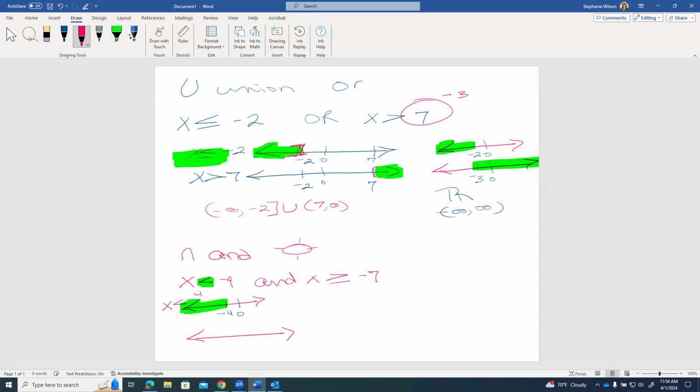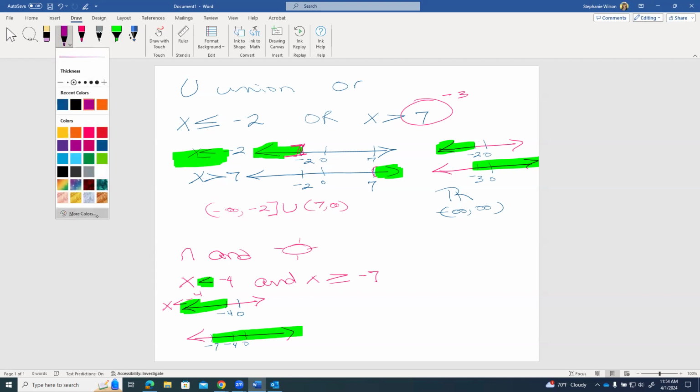Let's try to keep this lined up again. I have my 0 right here, my -4 right here, and my -7. And this said that x is greater than -7, so we're going in this direction. Now we're going to state what is the intersection.